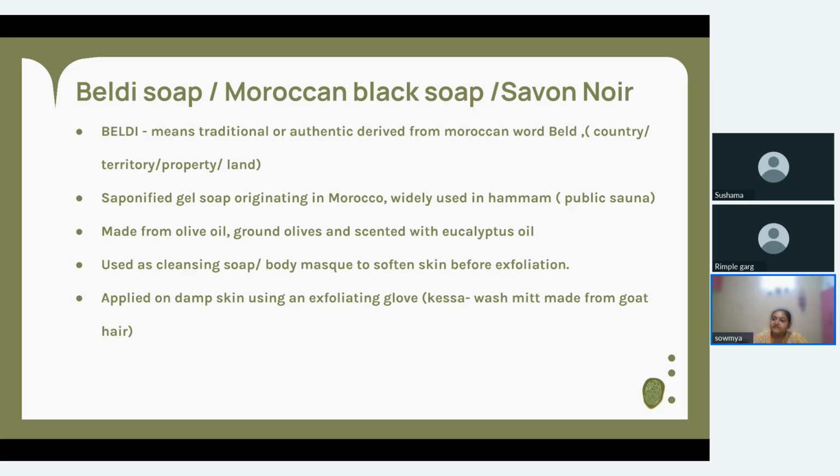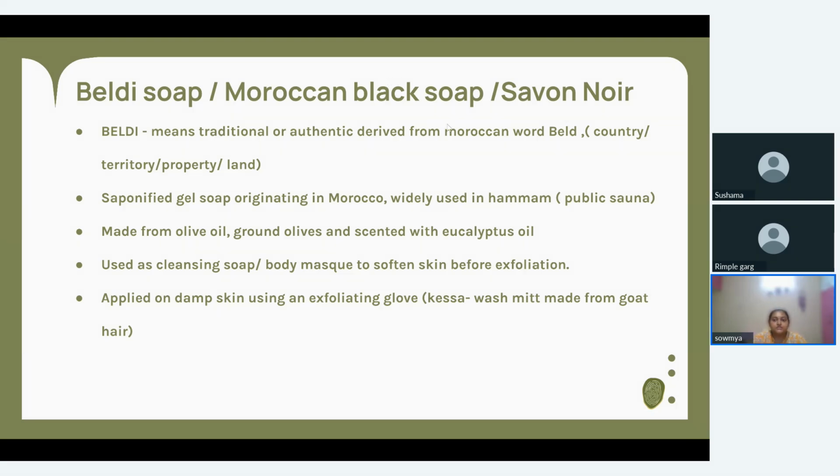So what they will do is take this kesa glove and apply the Beldi paste all over your skin, and after applying it, they will use that glove and slowly try to exfoliate your skin.